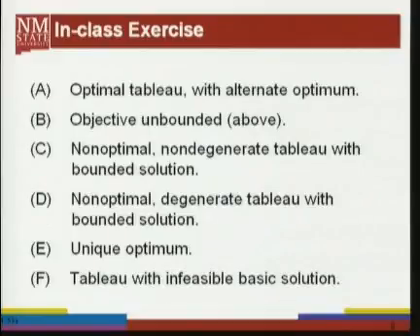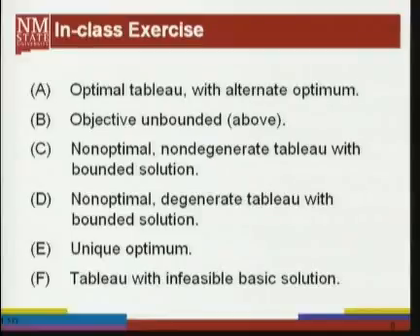So case A is the optimal table with alternate optimum, and case B is the optimal objective unbounded. Case C is non-optimal and non-degenerate table with bounded solution. And case D is the non-optimal but degenerate table with bounded solution. I just let you know that the LP is degenerate if at least one basic variable has a value of 0.